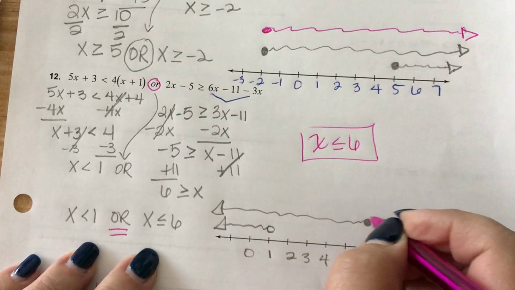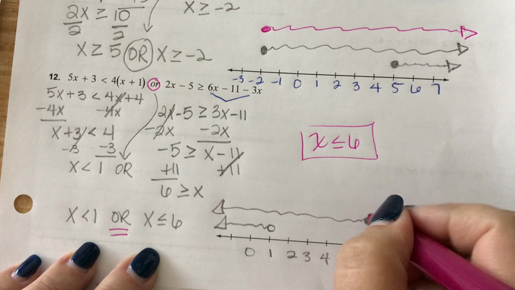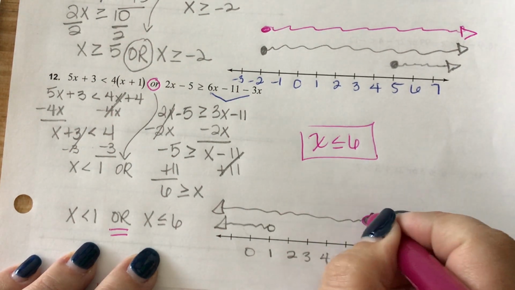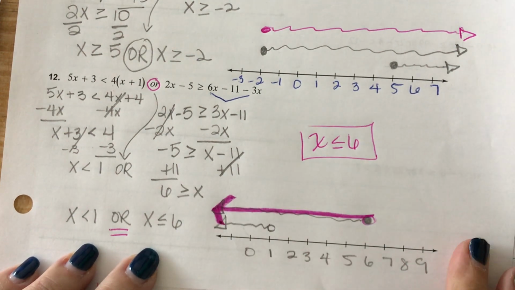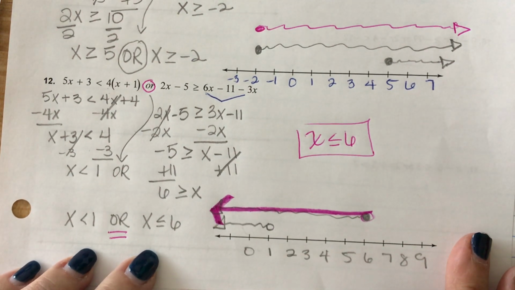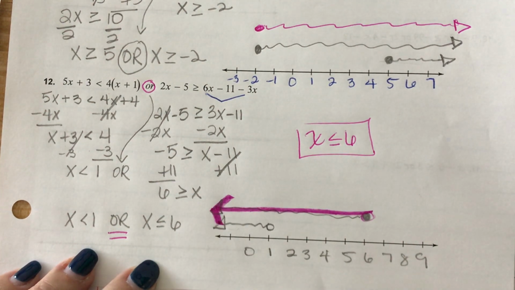Okay, so that kind of region, maybe we'll use a highlighter here. So this one ends up being the answer for the whole thing. Okay, for the whole or statement. That everything from there to there is a solution in at least one.